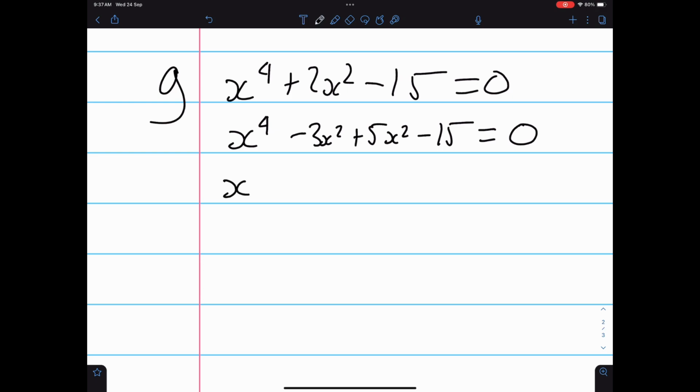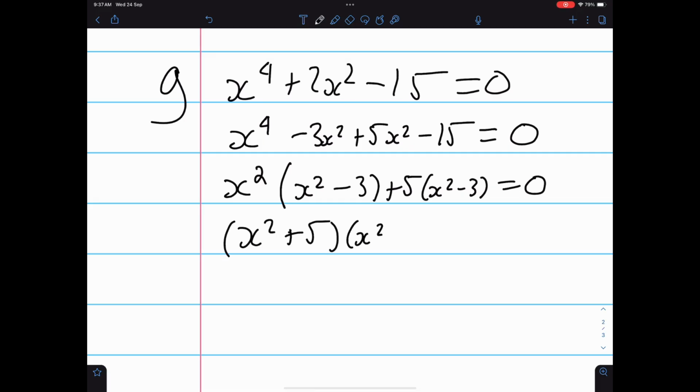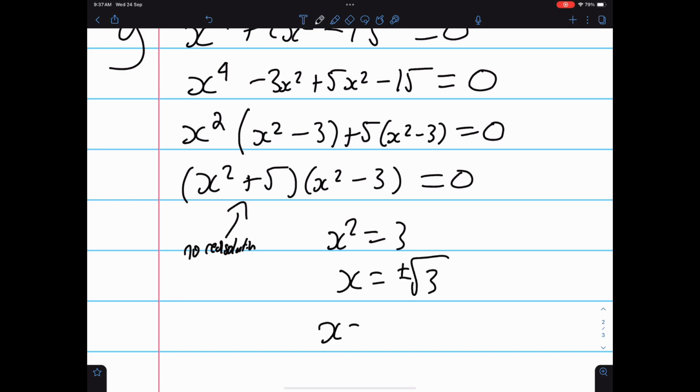If we factor out the x squared, we get x squared minus 3, and then over here x squared minus 3 again, but with the 5 extracted. Again, we have to say there's no real solution for x squared equals minus 5. So then x squared has to be 3, then x will equal plus or minus root 3. So x equals root 3 or x equals minus root 3.